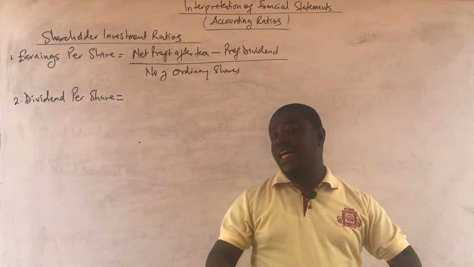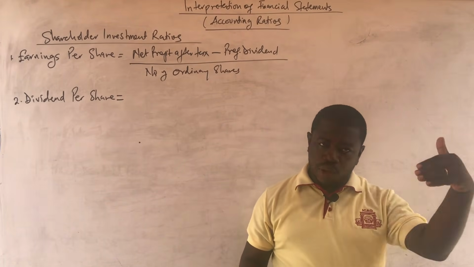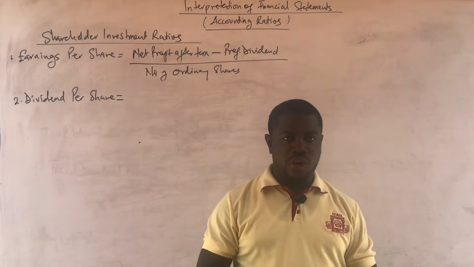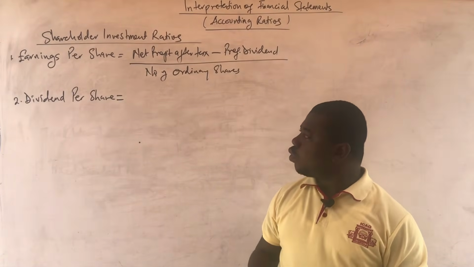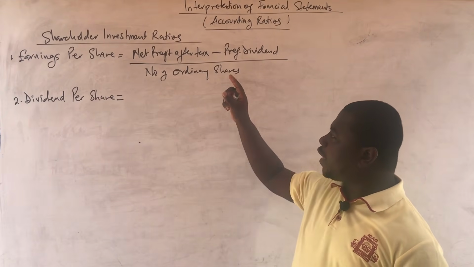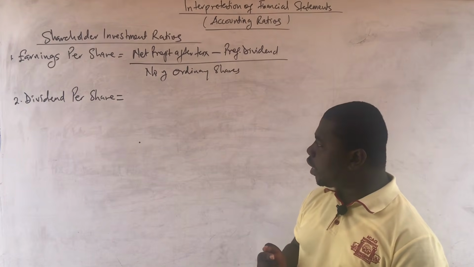And it is the board of directors that decide what percentage to pay out, and then what to retain. So we can even look at dividend payout ratio as well. Okay, so dividend per share, we are looking at the proportion of the earnings that is being paid to the shareholders as dividend.